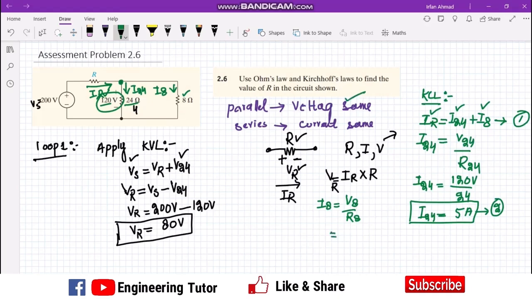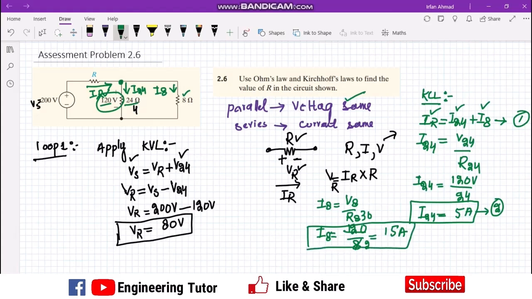So writing the values here, 120 divided by 8 gives 15 amps. I8 is 15 amps. So the values are known.